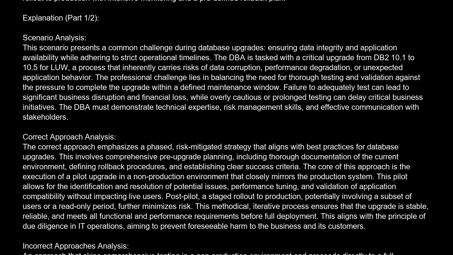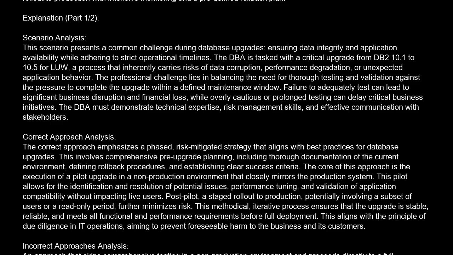This pilot allows for the identification and resolution of potential issues, performance tuning, and validation of application compatibility without impacting live users. Post-pilot, a staged rollout to production, potentially involving a subset of users or a read-only period, further minimizes risk. This methodical, iterative process ensures that the upgrade is stable, reliable, and meets all functional and performance requirements before full deployment.